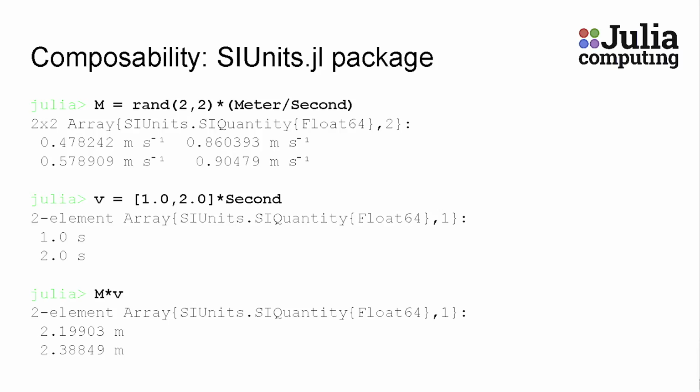The way the type system works, it can lift the unit out of the array, so the unit's only stored once, and the array underneath has an efficient representation. Then I can also make a vector of seconds, and if I do matrix times vector, which is in the standard library, everything just goes through, and I end up getting a vector of meters, like you might expect. So everything composes together with this design very nicely.